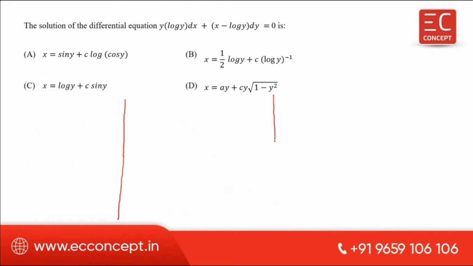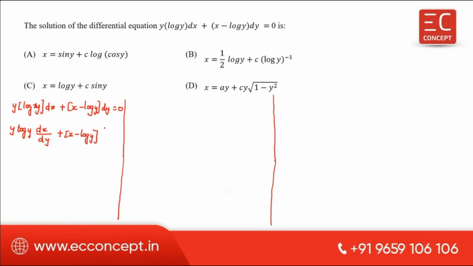We are going to solve this. So this is y log y dx plus (x minus log y) dy, which is equal to 0. So now y log y dx by dy plus x minus log y is equal to 0.